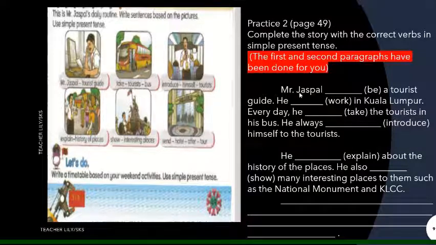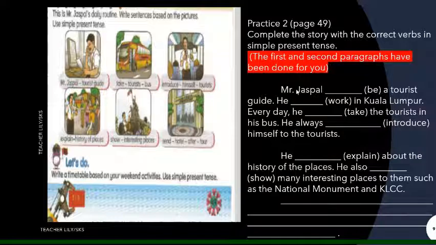A tourist guide, he works in Kuala Lumpur. There is no information here, but we can write it ourselves because this is a story. So you can make your own story as long as it is relevant to the situation.